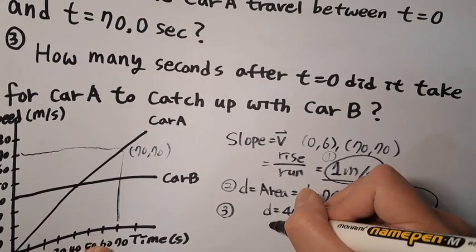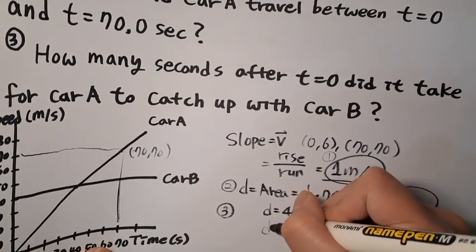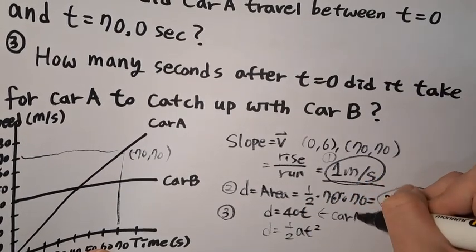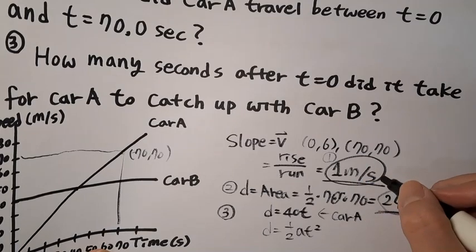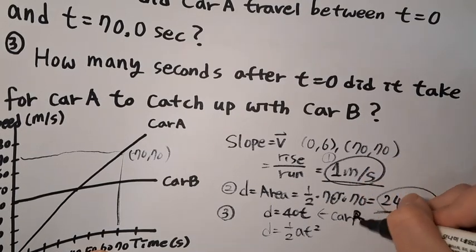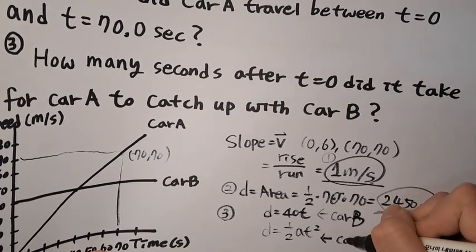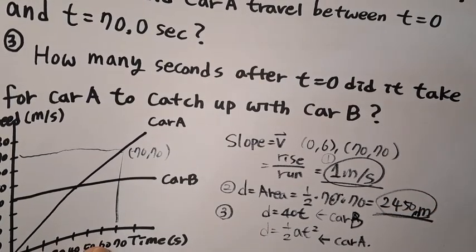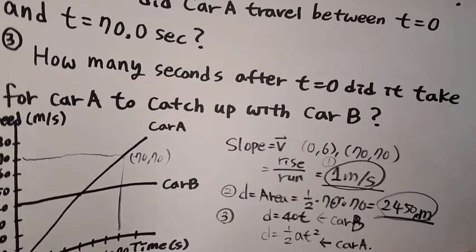So this is car A, and this is going to be car B, and this is going to be car A. So the cars met when they travel the same distance.